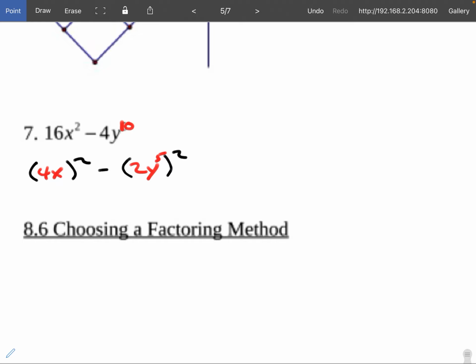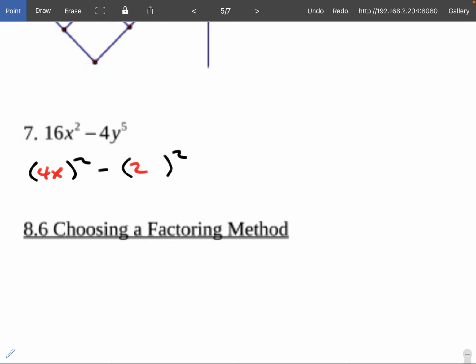Because again, when you have a power raised to a power, you multiply the exponents. So 5 times 2 would be 10. But this one doesn't work. So you can't do it that way. There's nothing you could square to get y to the 5th power, because that power is odd.